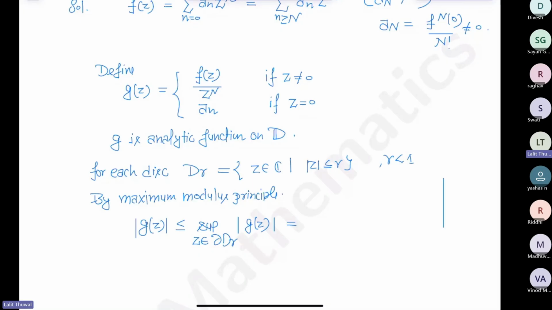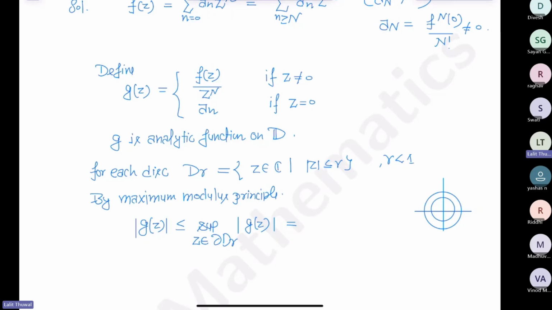So what you are doing is this: you have this unit disk and you are considering a disk inside the unit disk, the disk of radius r, okay? Hope it is clear, right? You are considering these disks. So on the boundary of these disks, your g(z) is continuous and its value is f(z) over z to the power n, because 0 does not lie on the boundary of this disk, and g is continuous also, so the supremum will be attained.